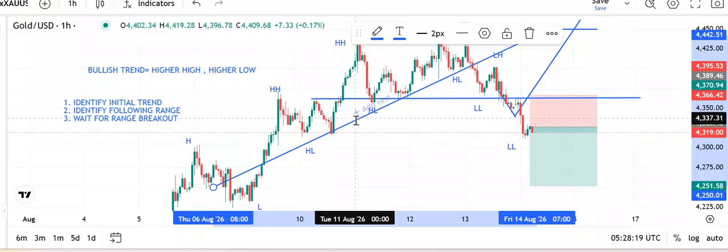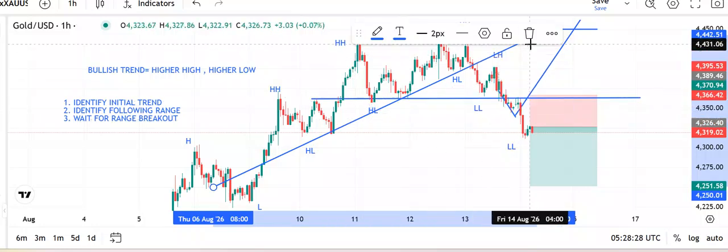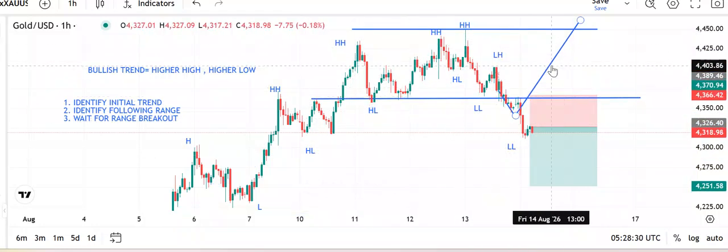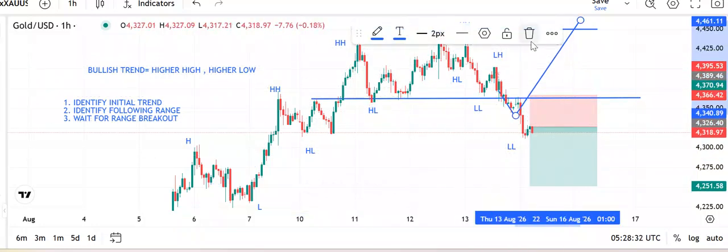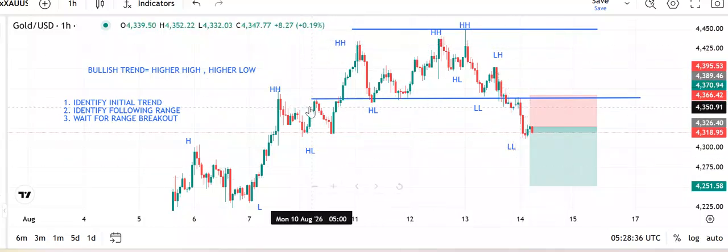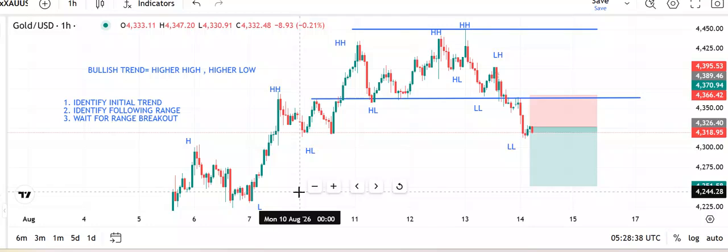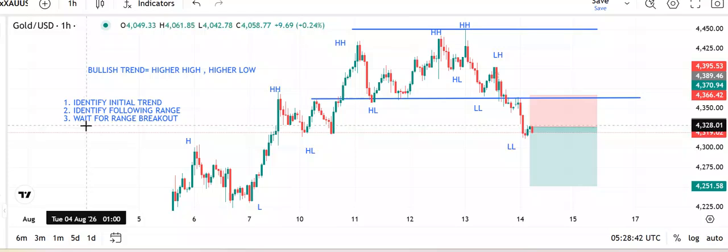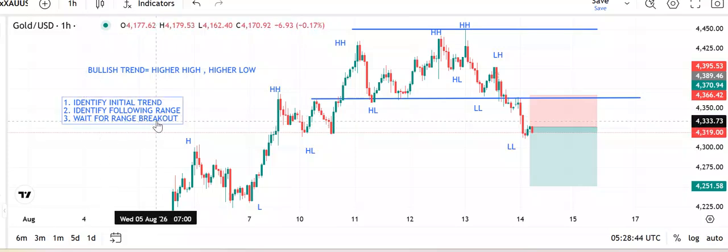So there is no certainty that price is going to go down. And the fact that it's not certain is the reason for stop loss and risk management. So identify initial trend, identify following range, wait for range breakout.